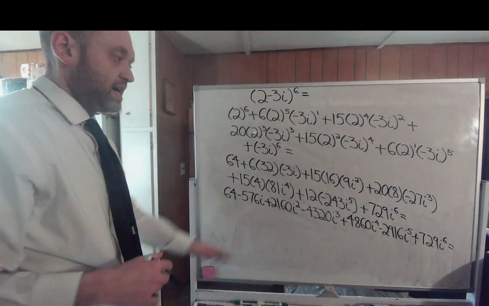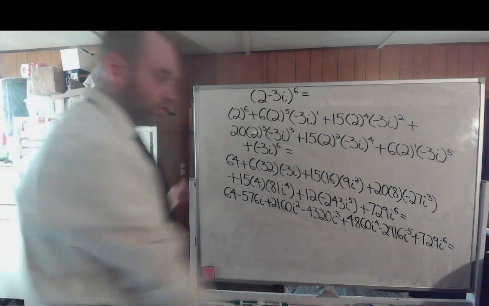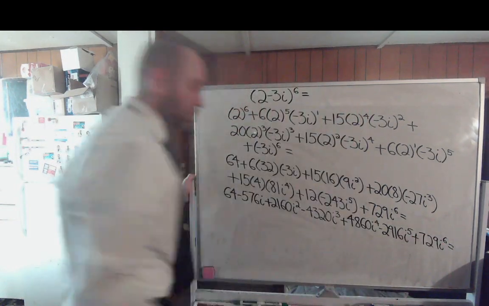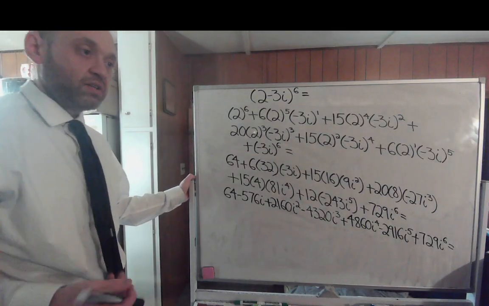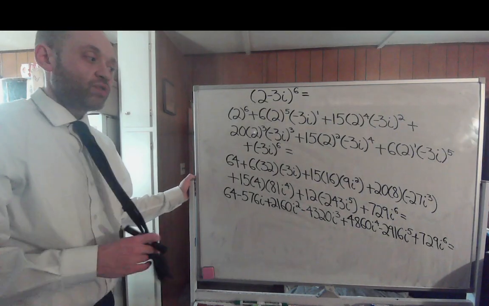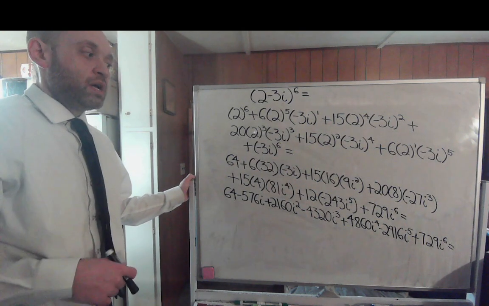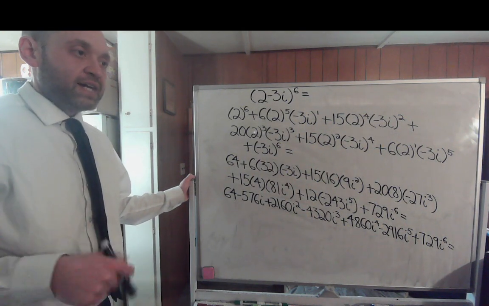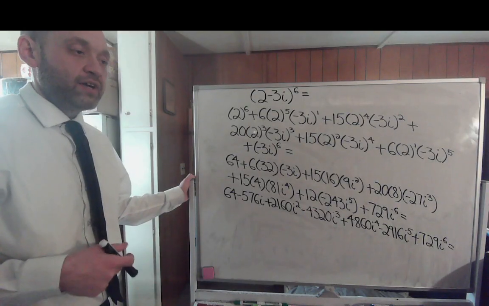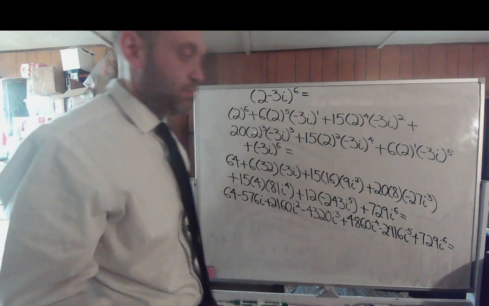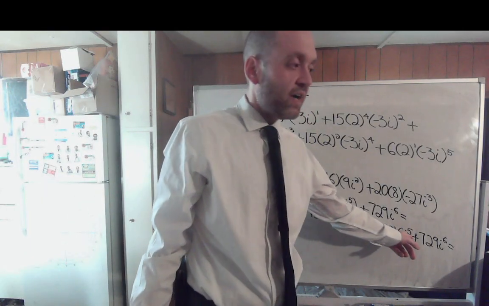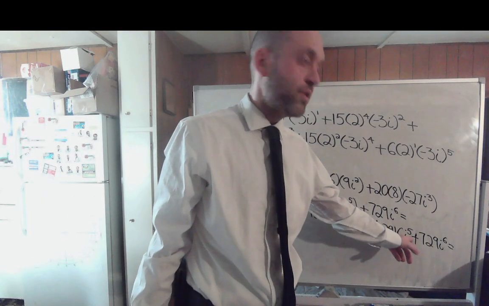Well, before we really break down the i's, let's deal with those i's that are greater than 4. Remember that i's are cyclic. So if it's greater than 4, for the power of i, subtract 4 from it and see if you have any remainder. So, or divide by 4. So 5 divided by 4, well that's 1 with a remainder of 1.